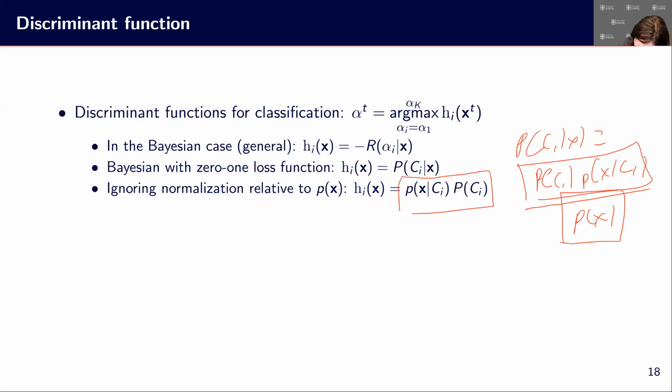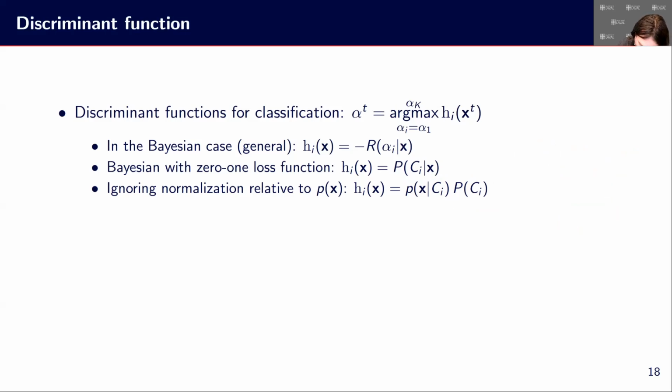So basically we will use as function h_i the likelihood times the prior, ignoring the evidence because it is the same for all classes. And from that, we just apply the h_i into the equation and we will pick up the right class.